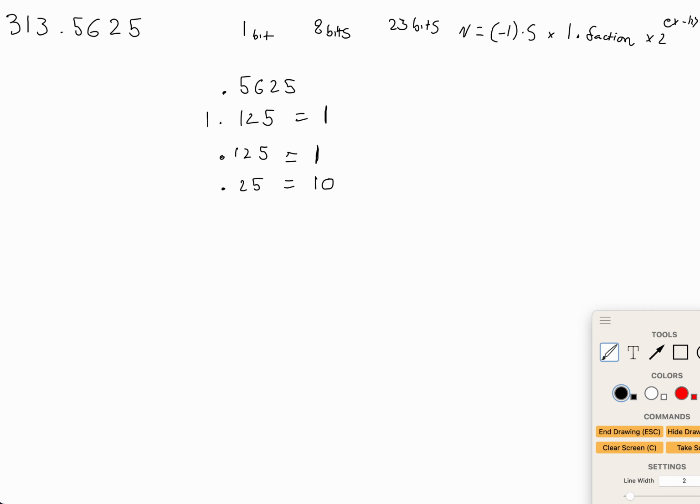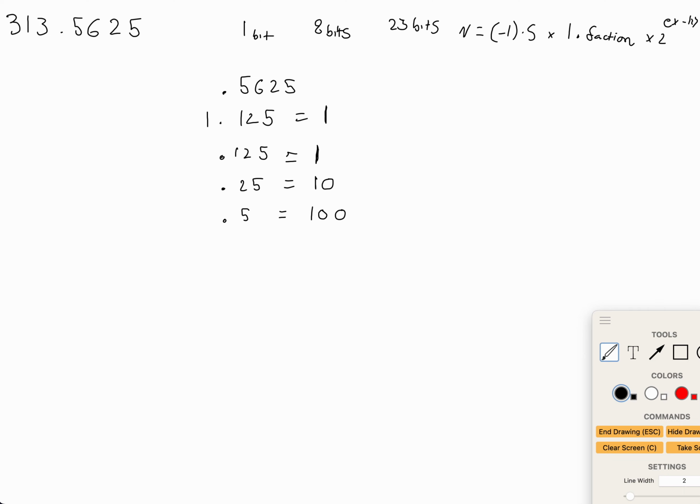And because the left side of the equation is still less than 1, we multiply it by 2 again. So 0.25 times 2 is 0.5. Now, 0.5 is less than 1, so the resulting bit is another 0. Then we do this multiplication one more time.